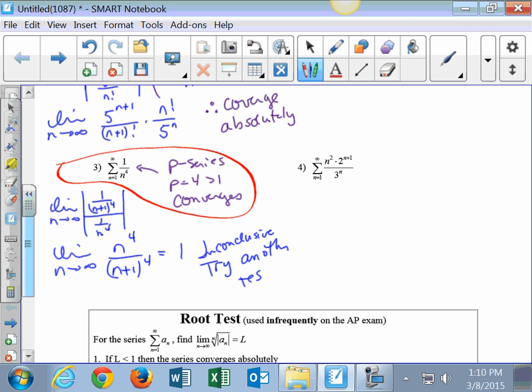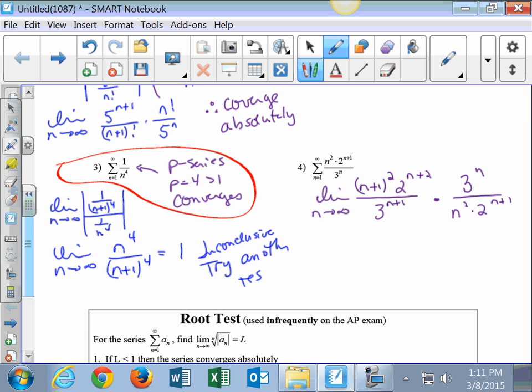If you want to skip that first step where you're actually showing the ratio, just go straight to showing the limit as n goes to infinity of my next term, which would be n plus 1 squared times 2 to the n plus 1 plus 1, I'm going to go ahead and write n plus 2 all over 3 to the n plus 1. Multiply that times the reciprocal, 3 to the n, all over n squared times 2 to the n plus 1.